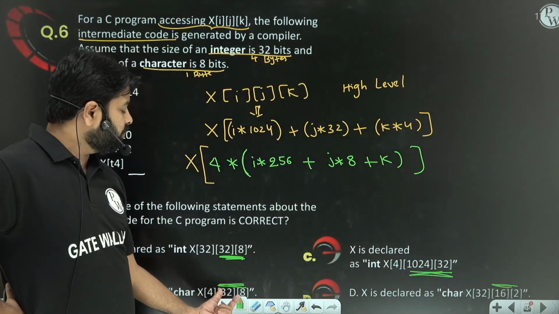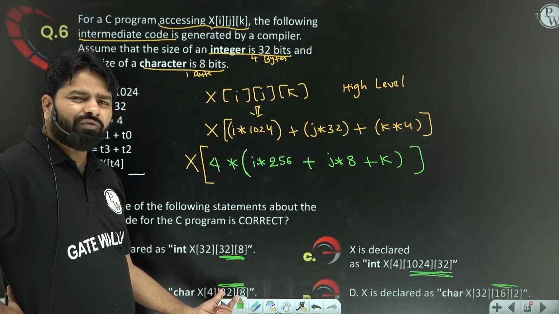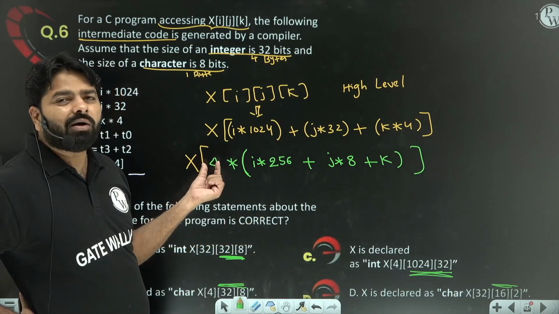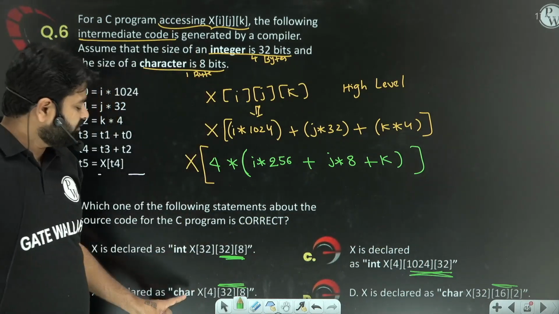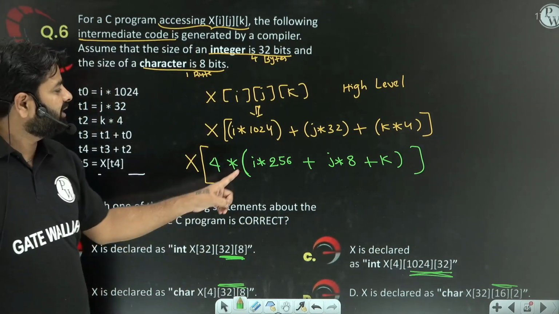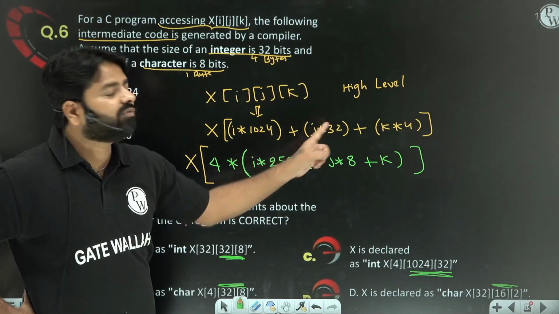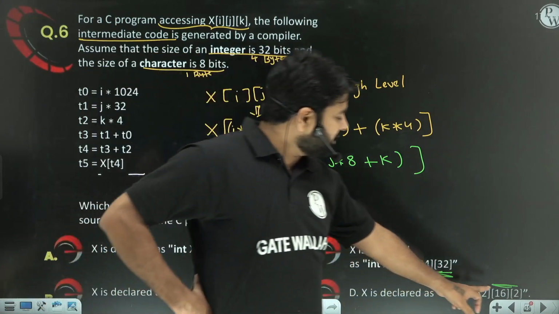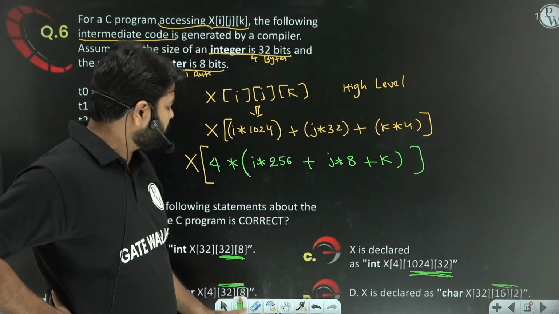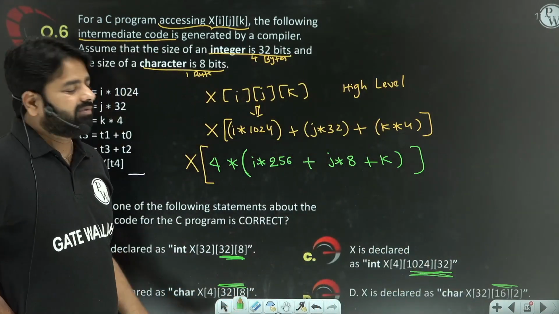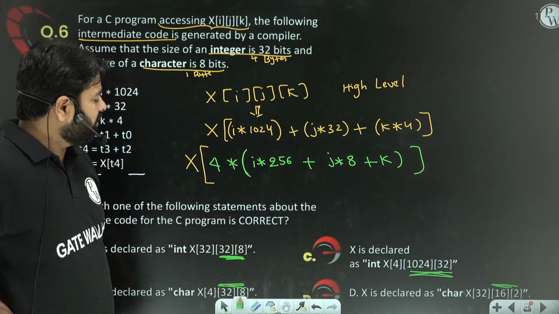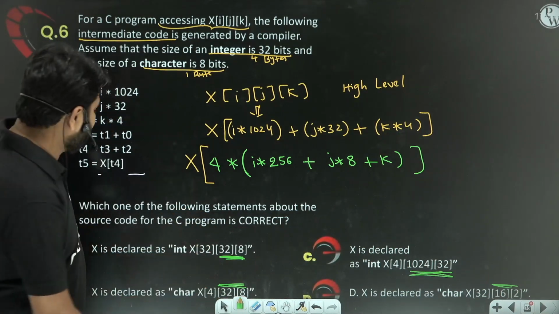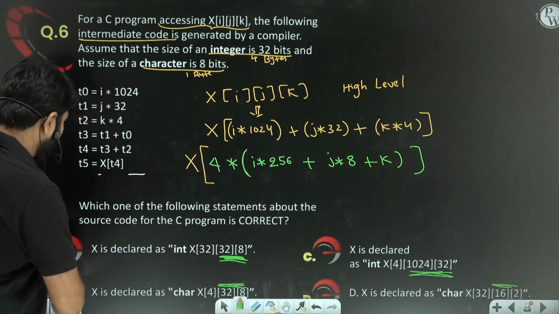And 32 multiply with 8 is 256, but you have taken 4 common, so you are considering integer. If you want to consider character, definitely this is not 256, it's 1024 multiply with 32, right? So that's the problem. Here 16 multiply with 2 is going to be 32. Anyhow, if you look at this one, it is enough, that is clearly matching with option A.